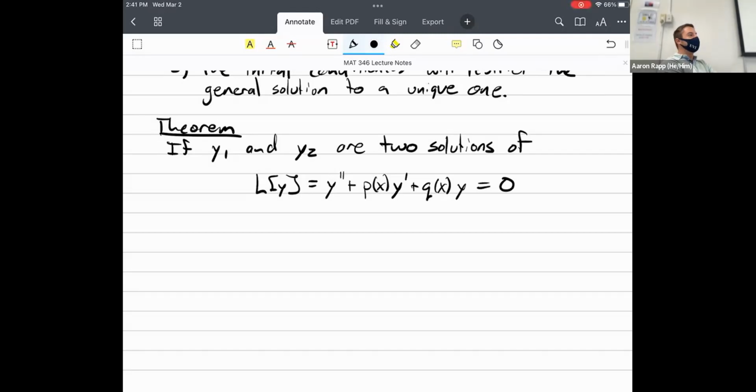So we're just going to assume homogeneous. Really, it can be non-homogeneous. It works as well, but not as easily. There's a caveat to it, but we're not going to worry about that. But the key thing is the linear combination.